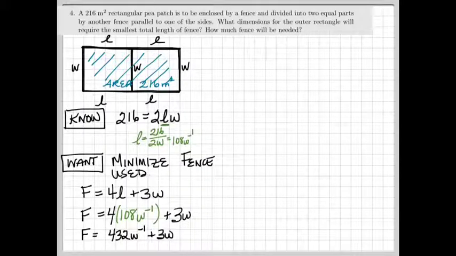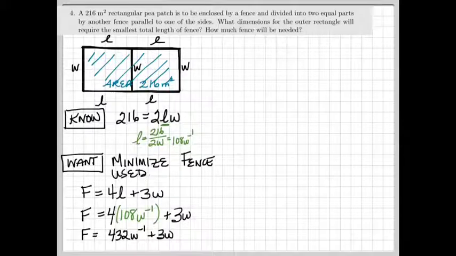Since length times width is a constant that's non-zero, it's not actually possible for our width to make it all the way to 0. It can be some infinitesimally small number, but then the accompanying length would have to be huge.